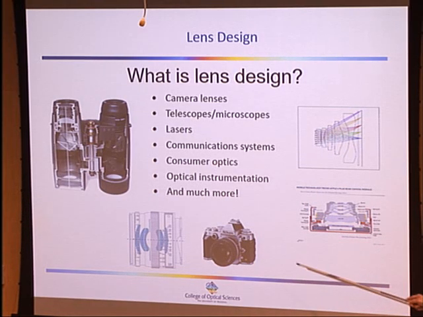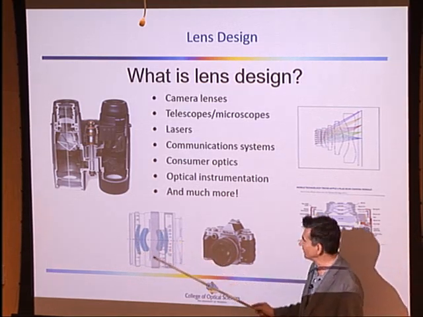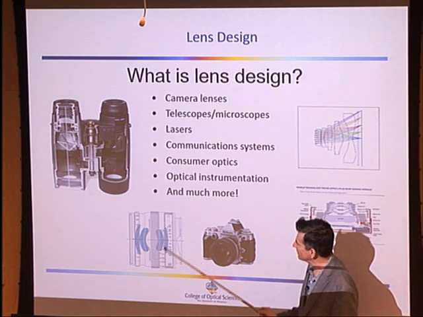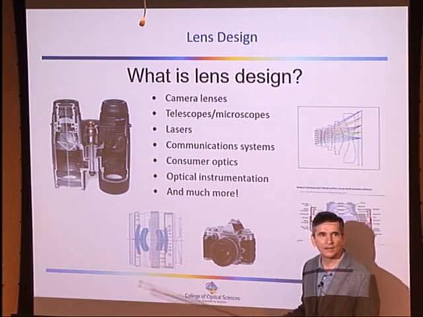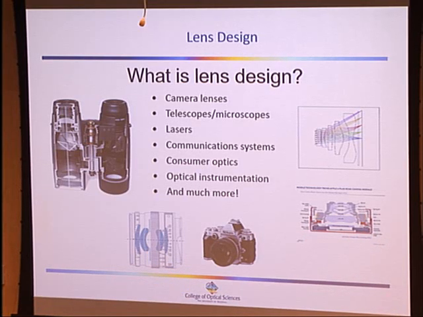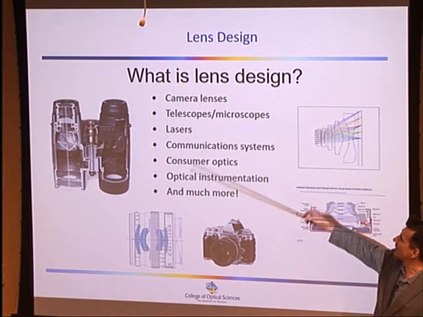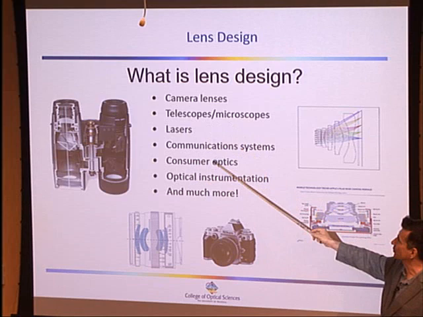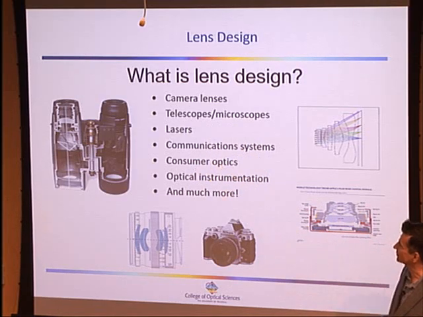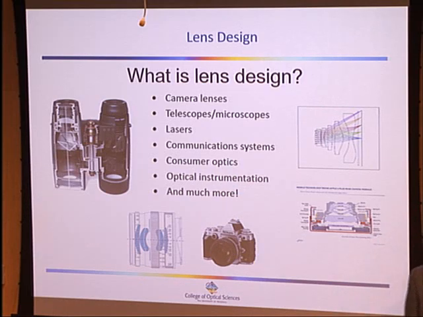The standard SLR camera also has a lens. In this example, we have a double Gauss lens, and someone has to design those lenses. There are a number of applications and needs for lens design, like camera lenses, telescopes, microscopes, lasers, communication systems, consumer optics, optical instrumentation, many, many systems.